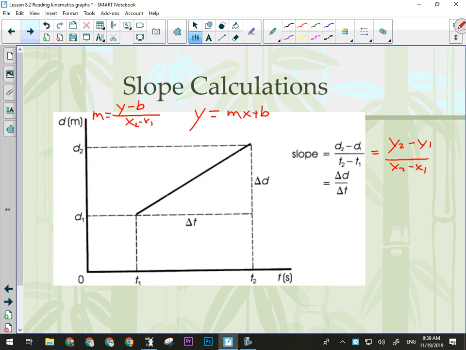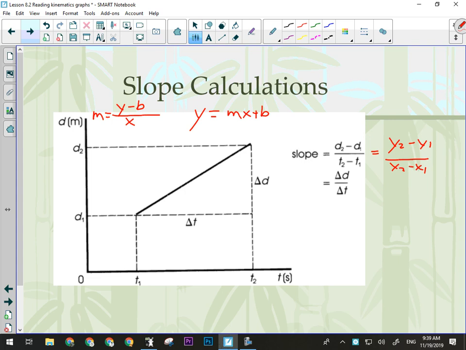So we don't bother putting that in there. It's the exact same equation. But with y equals mx plus b, I can manipulate that to solve for other things. Rise over run, we typically don't use it as much in business. So you're right with that idea. The rest of that was just to show you that the slope equals d over t.